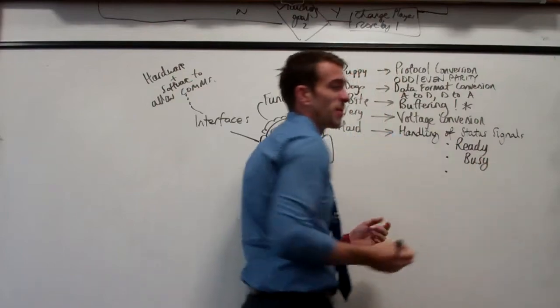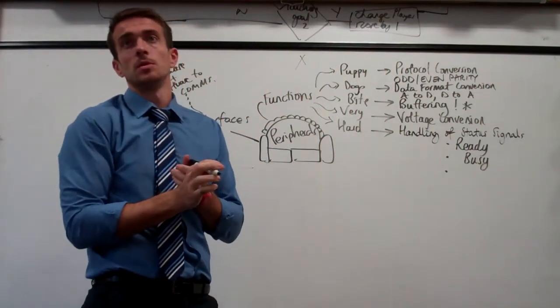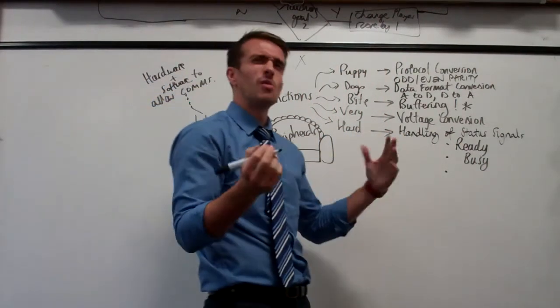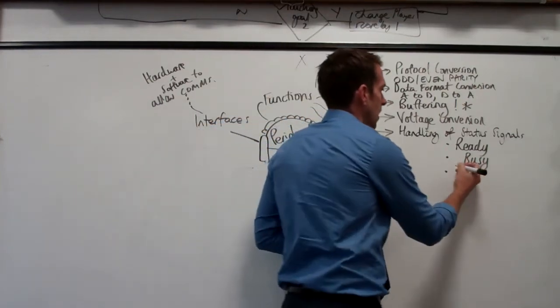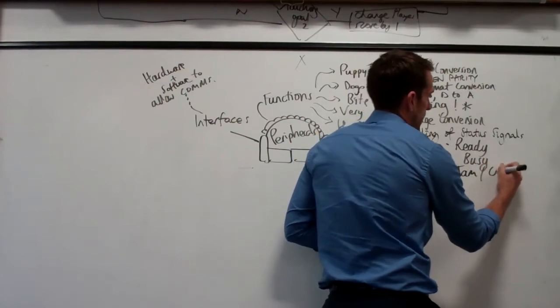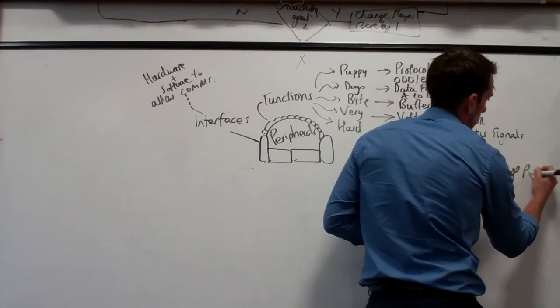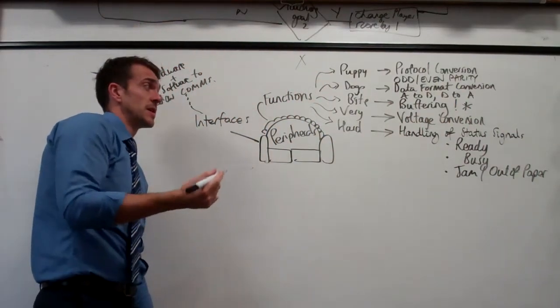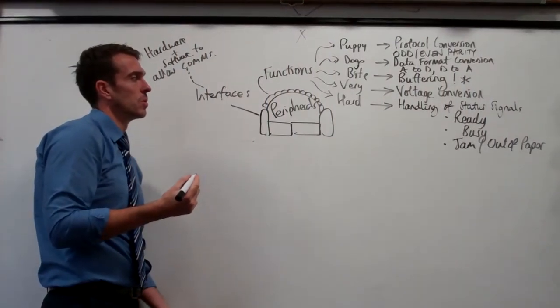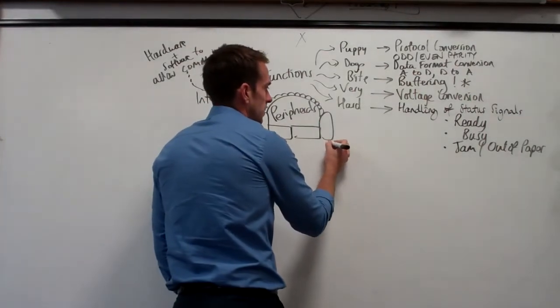Any particular for a printer, for example? Right, so busy, that would be printing. What other states can we get? Jam, yeah, out of paper, out of ink, and so on. So that lets other devices trying to communicate with it know if it's available or not.